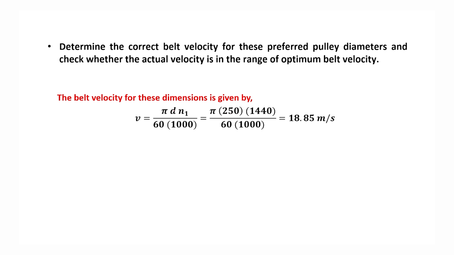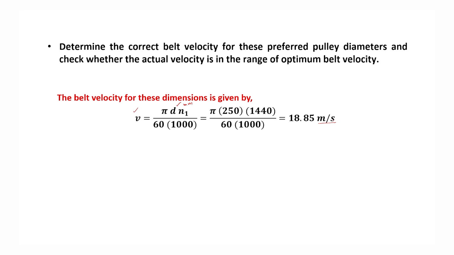With this small pulley diameter, the velocity of the belt is equal to pi d n1 divided by 60 multiplied by 1000. We divide by 1000 because d is taken in mm and the velocity unit is meters per second. By substituting the selected small pulley diameter of 250, we got the belt velocity equal to 18.85 meters per second.